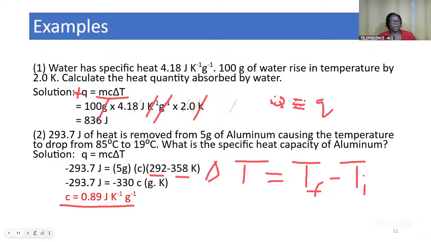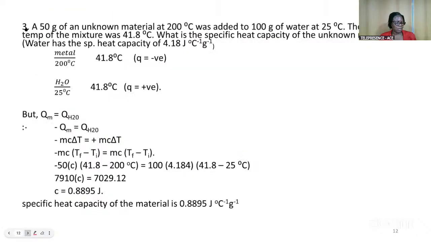While you are submitting your second attendance code, we will be going back to the class. So I have a third example here, and I'm sure with all of these examples, you'll be home and dry with calculating specific heat capacity of any substance.